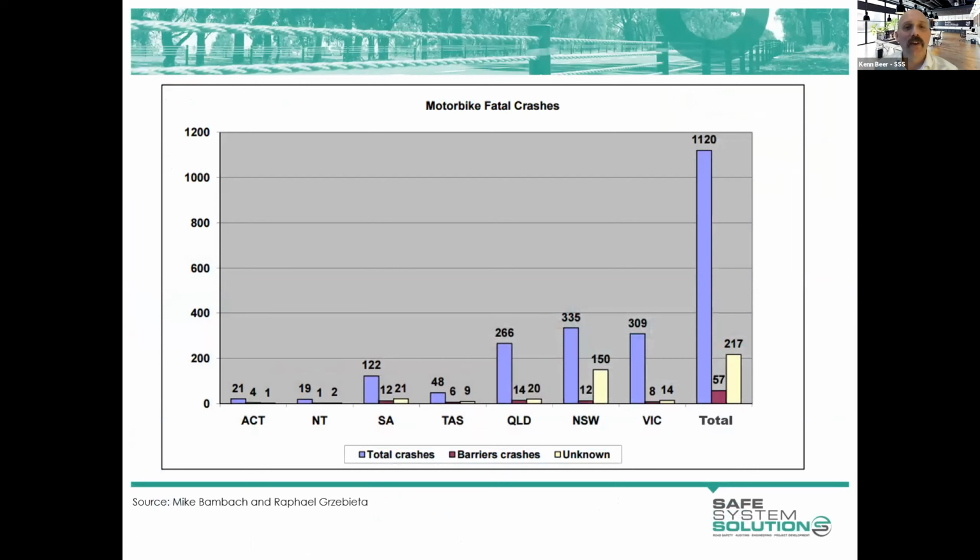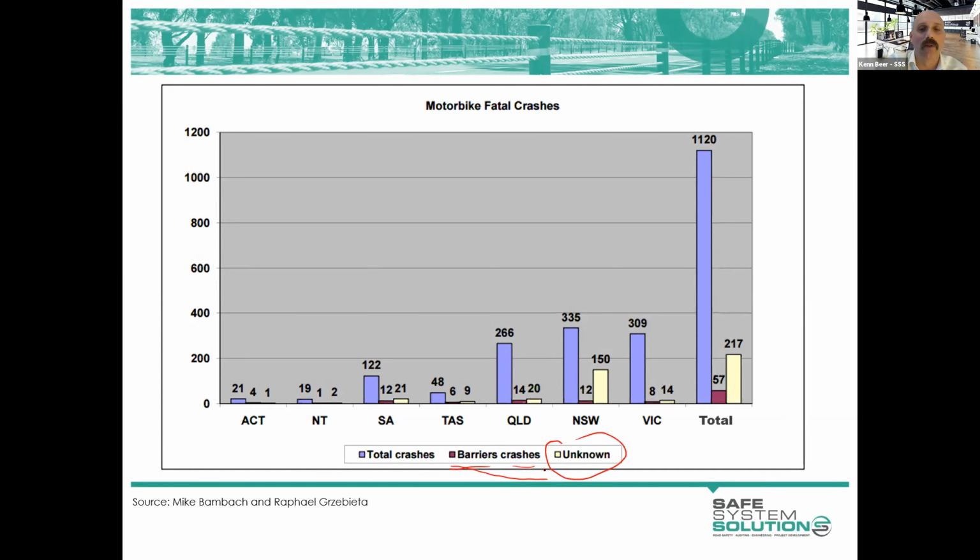The first thing I think it's important to note is the amount of trauma happening with motorcyclists striking barrier systems. This is some research that was done in Transport for New South Wales originally, but it was out of the University of New South Wales. It shows there that we have motorcycle fatal crashes, and we see that barrier systems are a very small percentage of this.